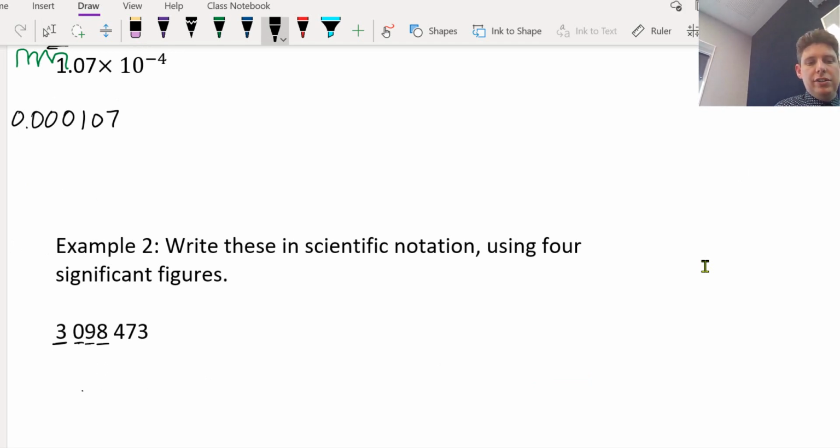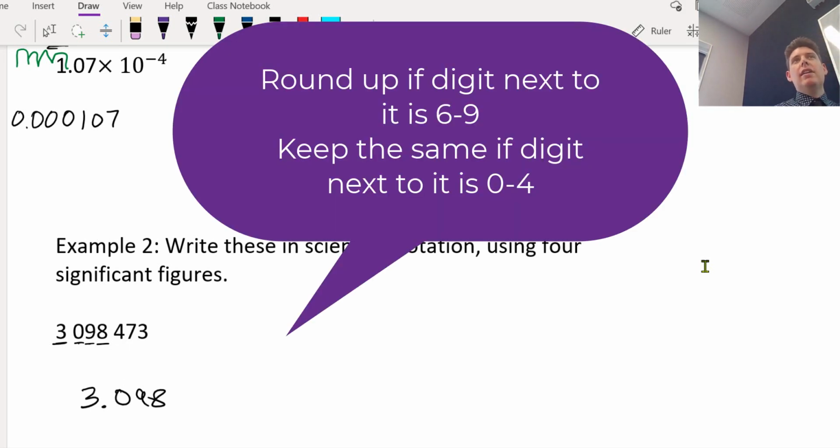So we're going to use the first digit, decimal 098. Now, the number after the 8, what's that? A 4. So do we round it up or just keep it as an 8? Yeah, so if it's 0 to 4, you just keep it as an 8.